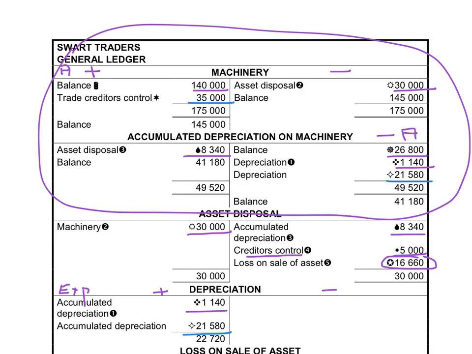We will determine the closing balance, so we will balance our machinery account to determine what is the balance that will be carried down to the next financial year. And in the accumulated depreciation account, we will also balance the account because it is a B account.